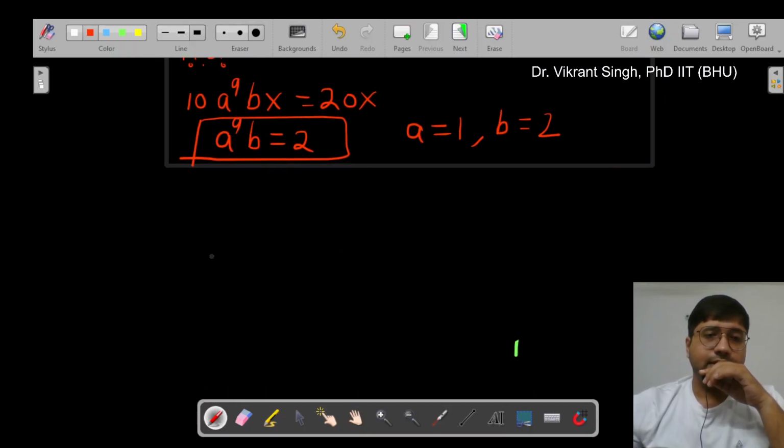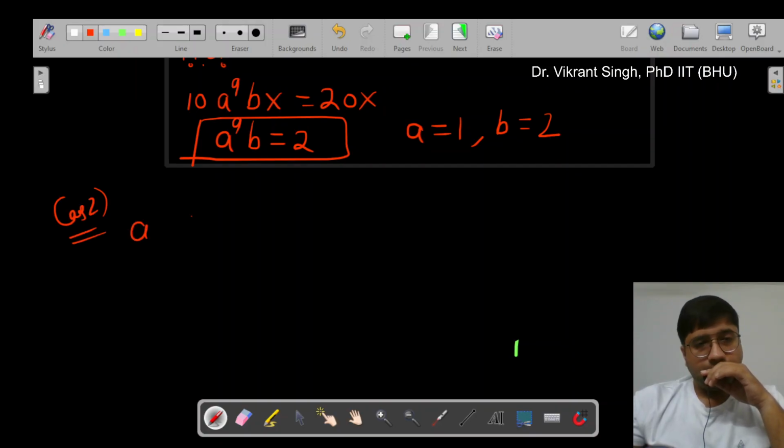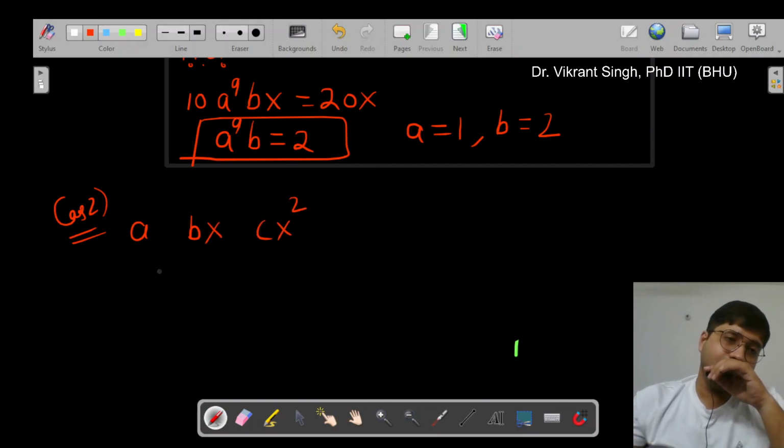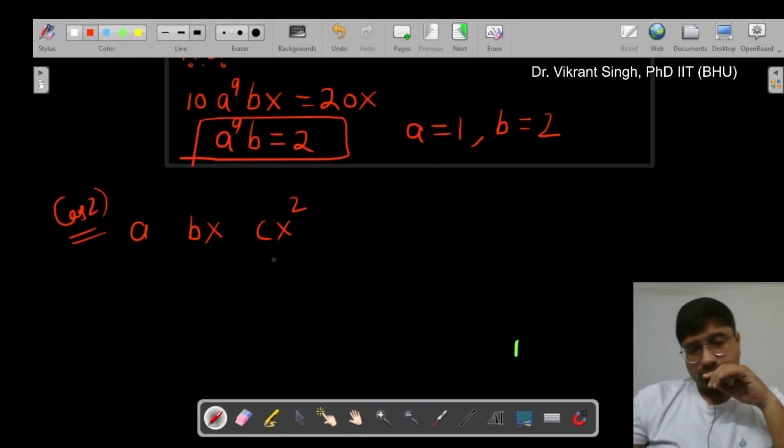So how do we write p2? Case 2: a, bx and cx square. We have to distribute 10 in these terms so that the degree comes to be x square.